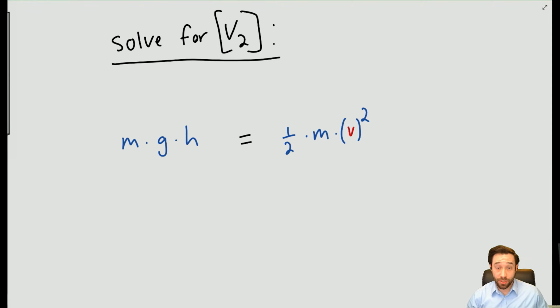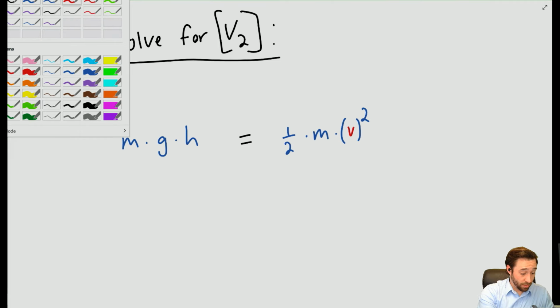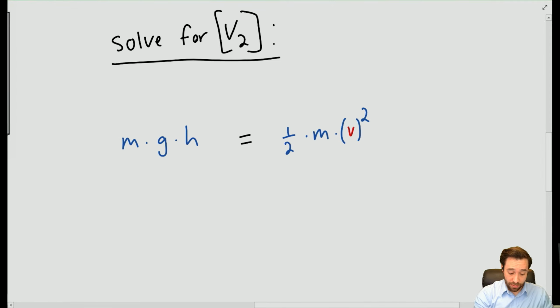In order to do that, I have to do a little bit of algebra, and it's not hard. In order to get rid of this 1/2, I have to multiply by 2. 2 times 1/2 just goes to 1, so it cancels out over here. And if I do it on the right side, I must do it on the left side too.